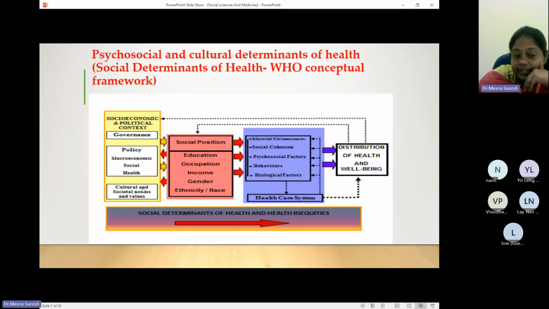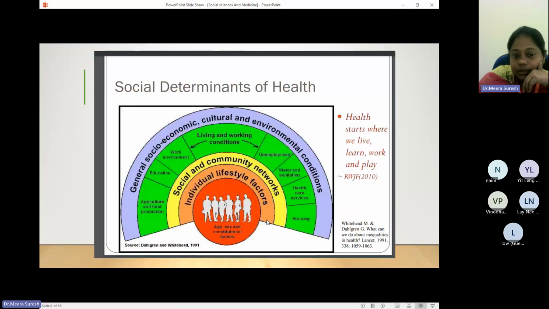And the cultural and societal factors, how they interact with the social position, education, occupation, income, gender, ethnicity, and then the societal things, the social cohesion, psychosocial factors. And ultimately, all this leads to the distribution of health and well-being. So these are the social determinants. So it is just the conceptual framework of WHO, which indicates the importance of these factors in determining health.